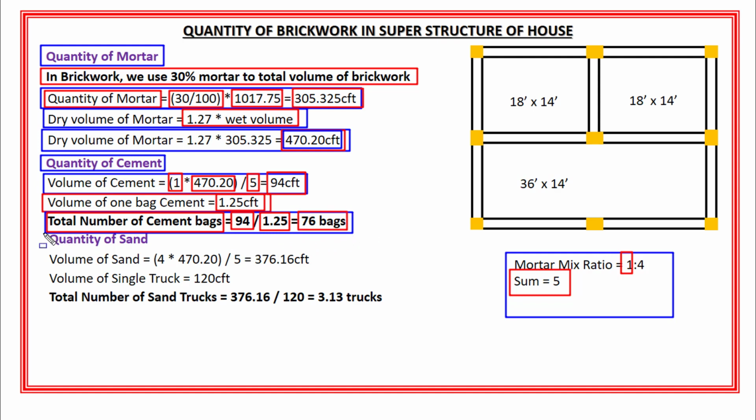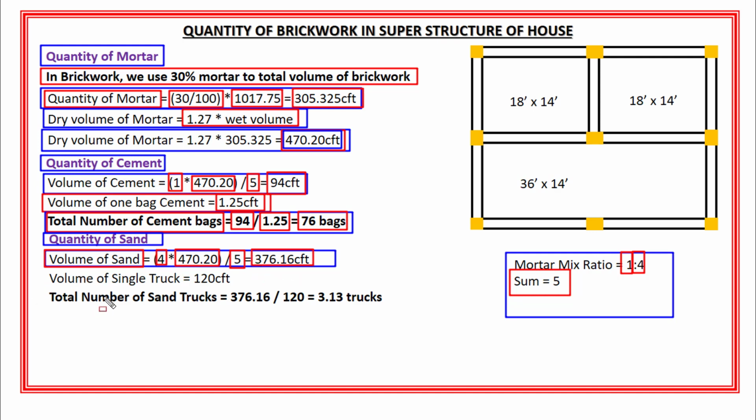Next is the volume of sand. So the volume or quantity of sand is equal to 4, which is the ratio of sand, multiplied by 470.20 divided by 5. And the total volume of sand will become 376.16 cubic feet.